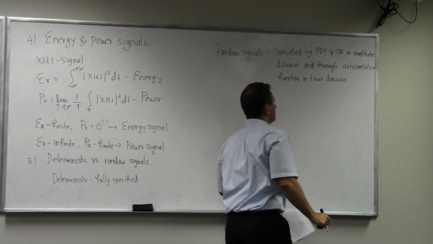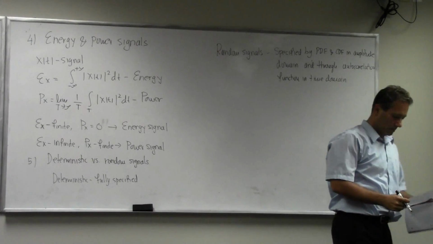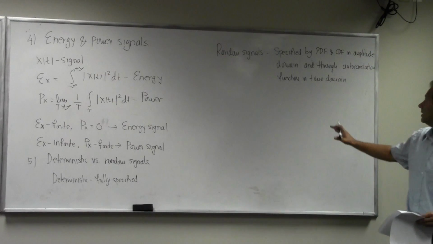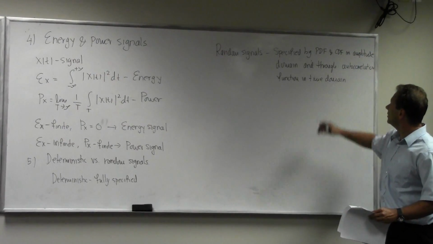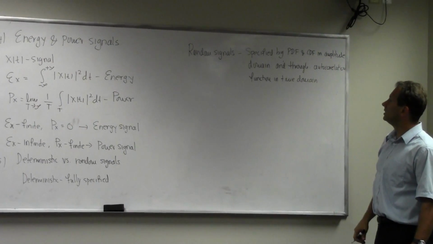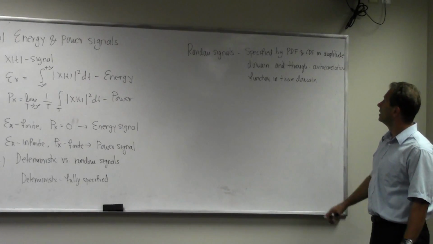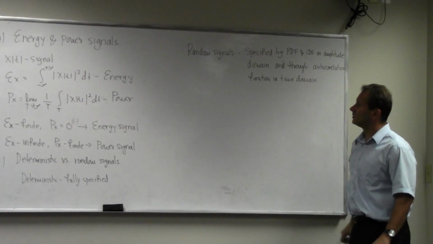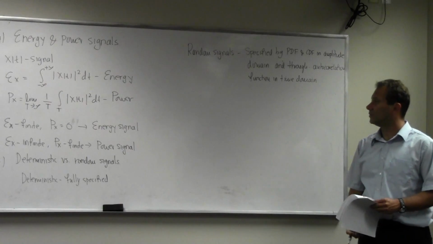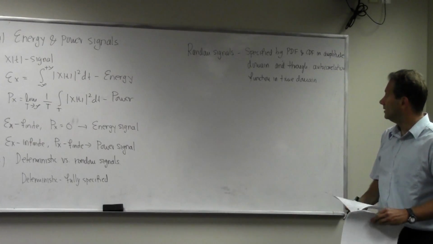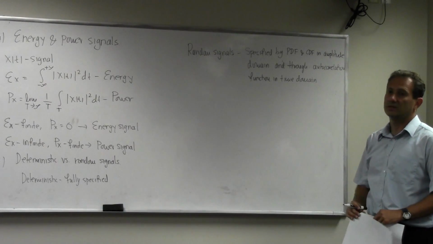And don't worry too much if there's a little bit of ambiguity here. We're going to talk about these signals mostly in some other courses and spend a lot of time dealing with them. Because if you really think about it, these are the most important class of signals that we deal with.